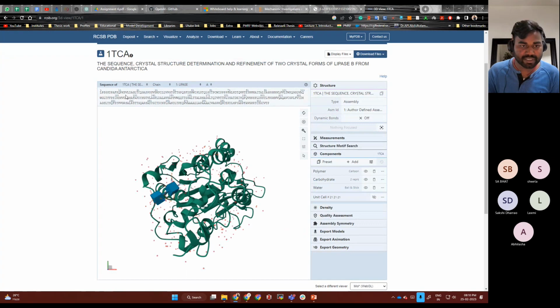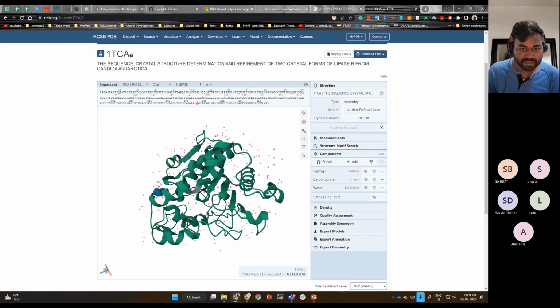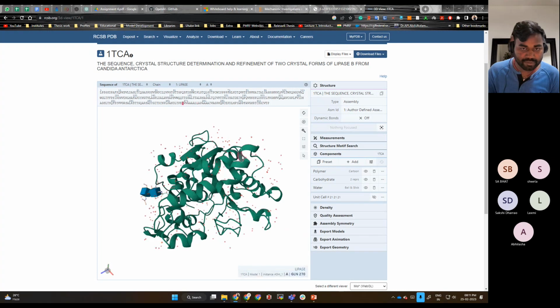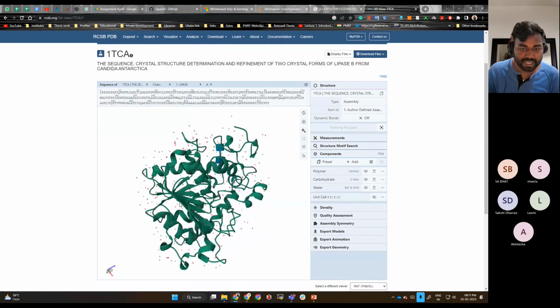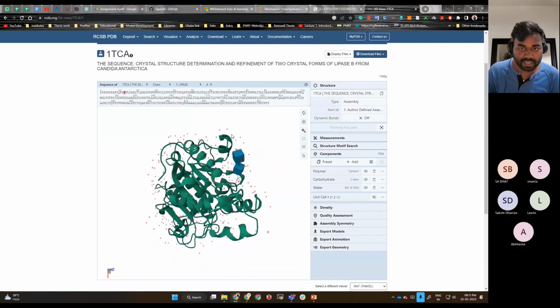So these are the amino acid configuration, these all total. There are 316 amino acid residues, and this is how the alpha helix is represented. If you hover anywhere, you will see which kind of amino acid it is. This is E, which is glutamic acid, then glutamine, then lysine. So if you want to see where the active site is, it is somewhere near this site.